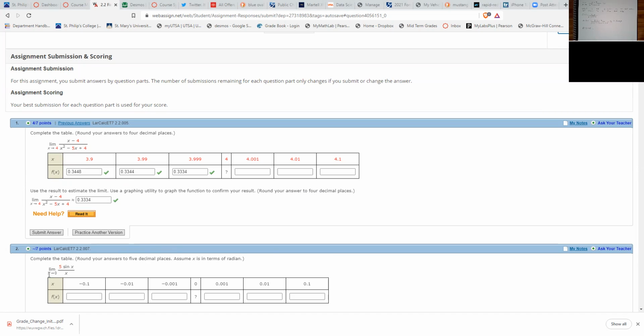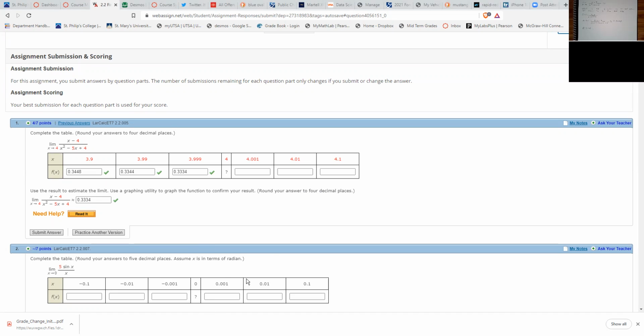So in the next one, we have x approaching 0. We're going to look at the function and see what's going on around 0. So we plug in numbers getting really close from the left side, because this one is negative, and then from the right side.